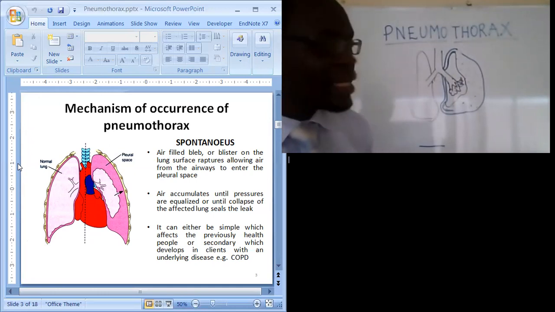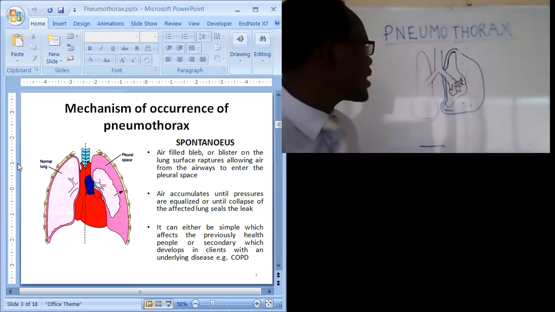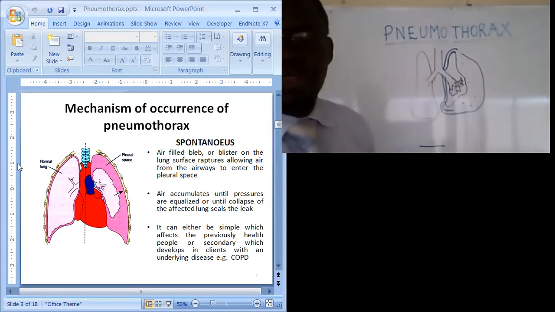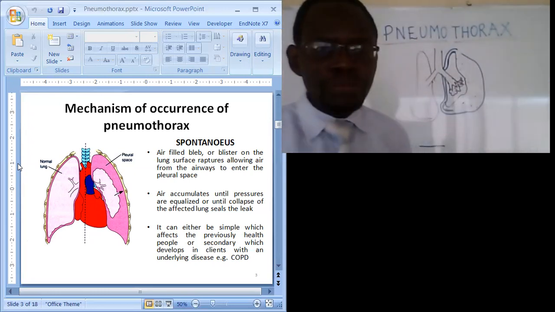So basically, when it seals off, then we have air within the pleural space, yeah?